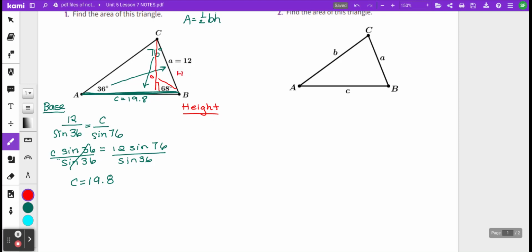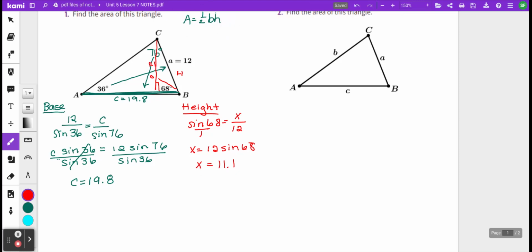And so I'm going to go sine, because opposite over hypotenuse is sine, so sine 68 equals my opposite, which I don't know, over my hypotenuse, which is 12. And because x is on the top, we are going to cross multiply, so x equals 12 sine 68, and plug that in, you're going to get 11.1. So this is 11.1.